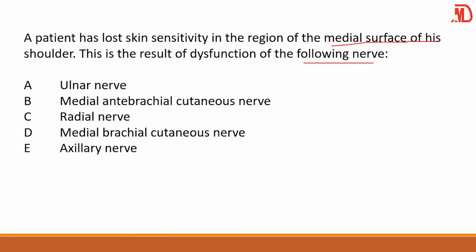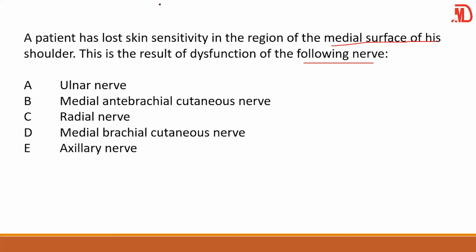This is a branch of the brachial plexus, which arises from the medial cord of the brachial plexus, and it supplies the skin of the medial area of the arm.